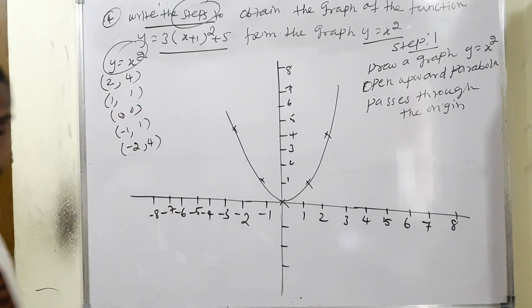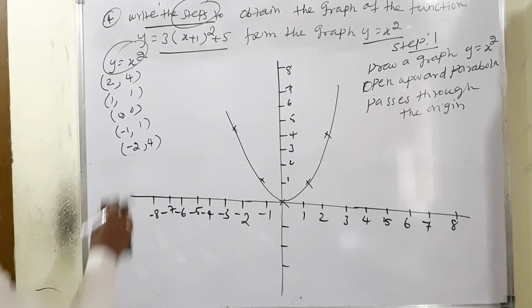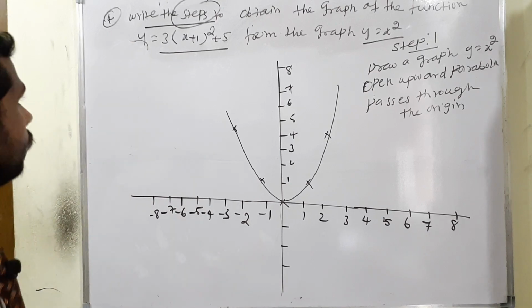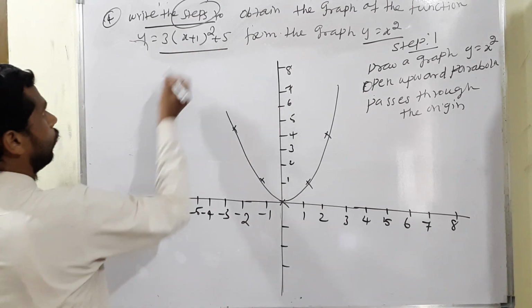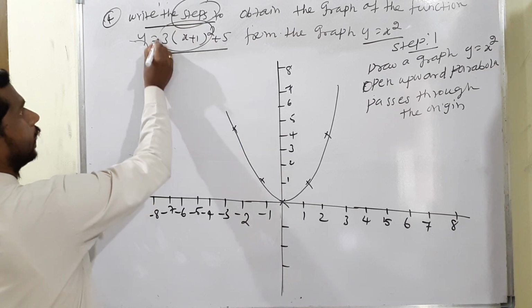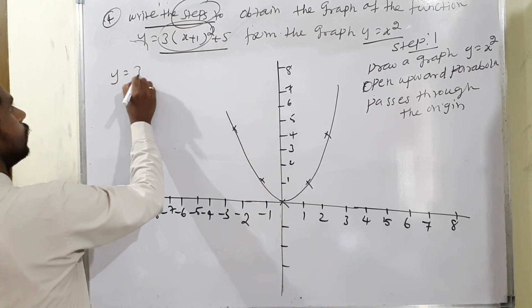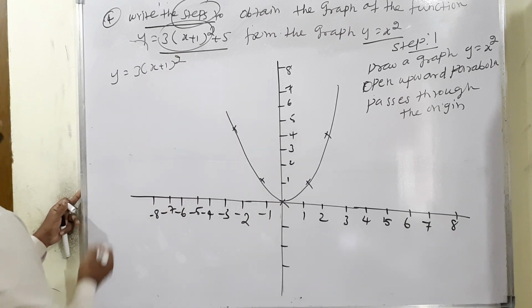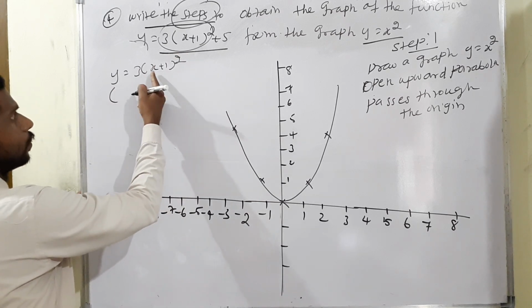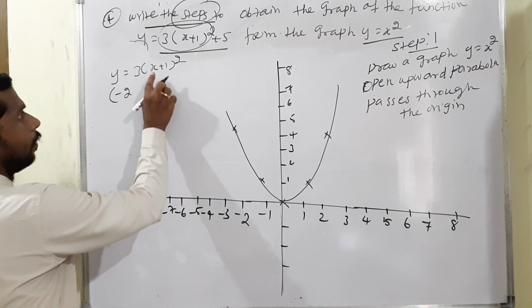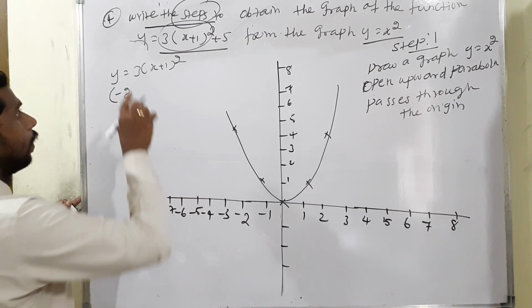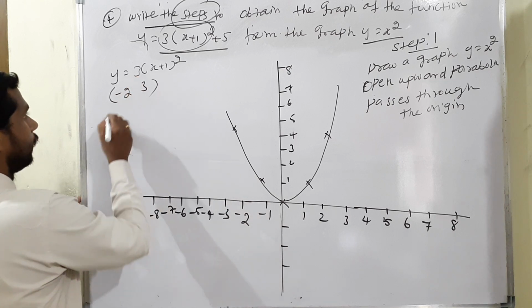Okay, then the next condition. First I will consider only 3 times x plus 1 the whole square, except the 5. So y is equal to 3 times (x plus 1) the whole square. First, x is equal to minus 2. Minus 2 plus 1 is minus 1. Minus 1 the whole square is positive 1. 1 times 3 is 3.